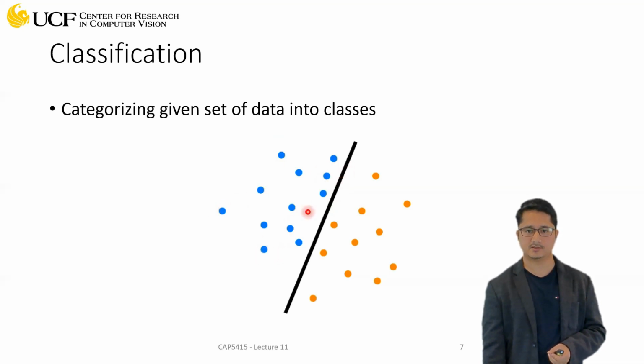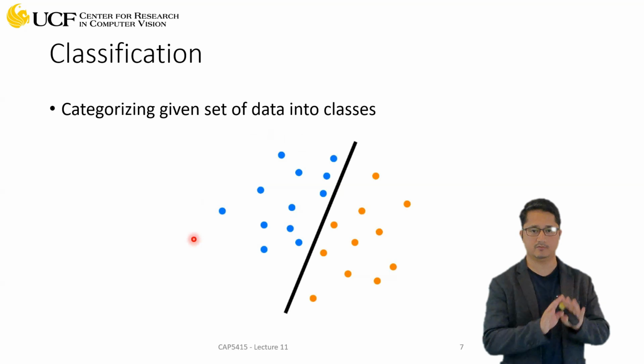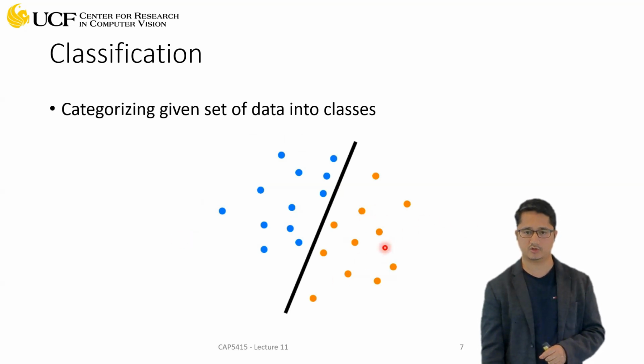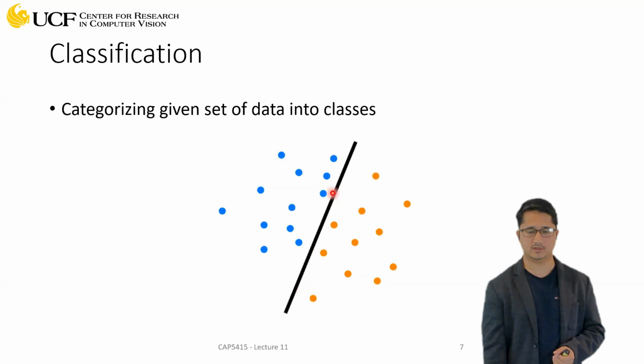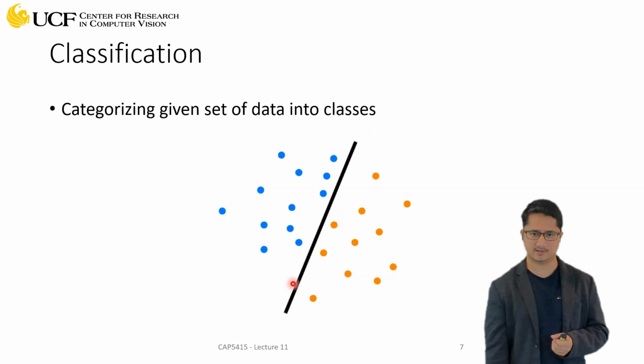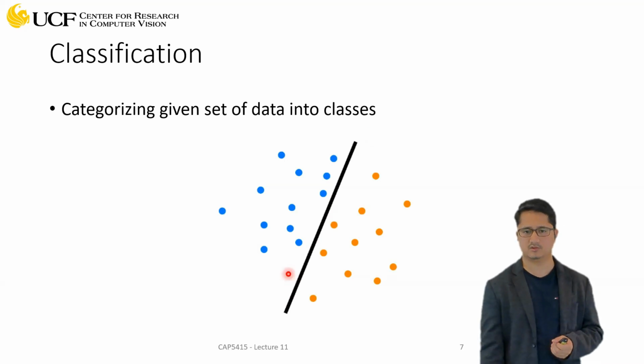In this case, the blue dots are category number 1, and the orange dots are category number 2. And here you can see that you can draw a very clear straight line between these two categories. If you remember from your algebra or high school maths, you can represent a line using a simple equation.